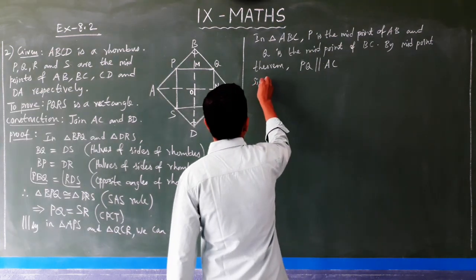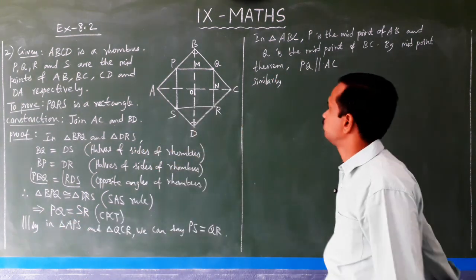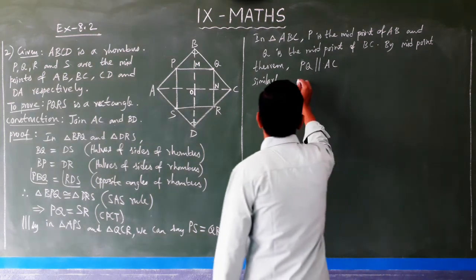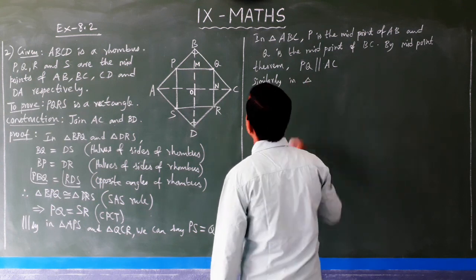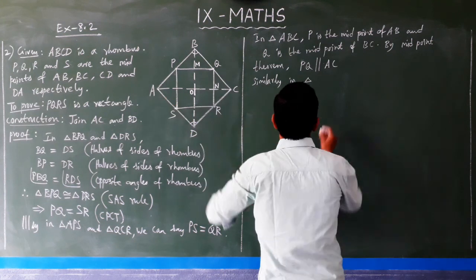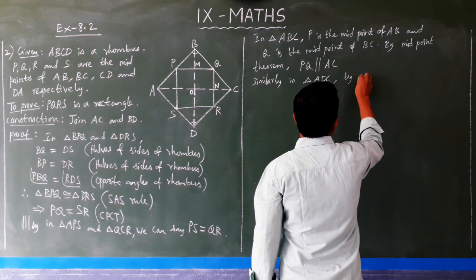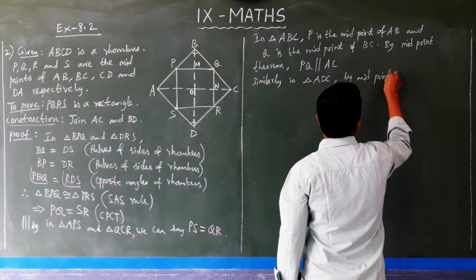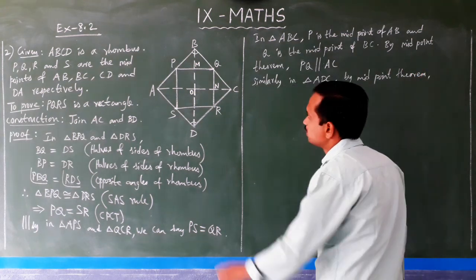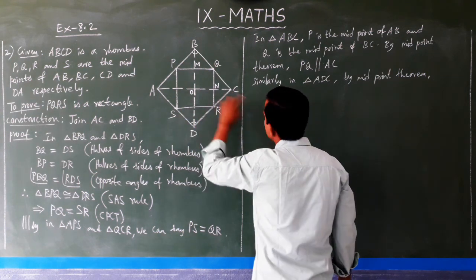Similarly, if you write it in words, similarly, and here symbolically, similarly. We can say in triangle ADC, by the midpoint theorem, what can we say? In ADC, S and R are the midpoints, so SR is parallel to AC.